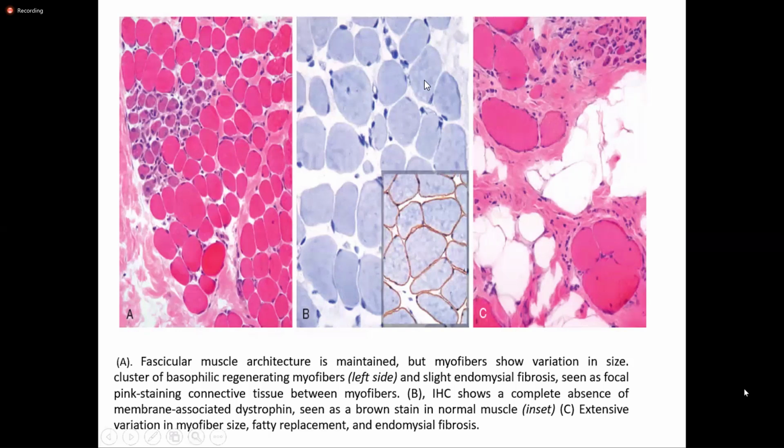Also there is variation in the myofiber size and a cluster of basophilic regenerating myofibers. In between, there is deposition of fibrofatty tissue replacing the muscles. The other one is the same, that is endomysial fibrosis around these muscle fibers.